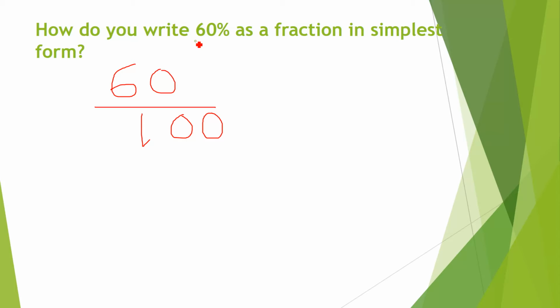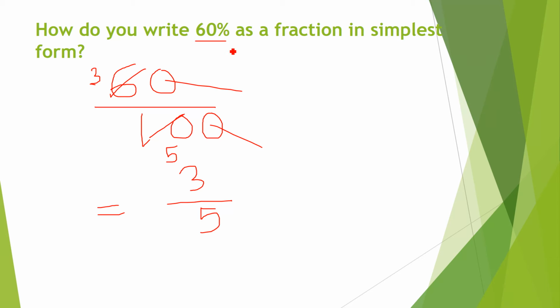So in percentage, you have to write it as a fraction 60 divided by 100. This 0 will cross out this one. 2 3 times 6, 2 5 times 10, which is equal to the fraction 3 over 5. So 60% as a fraction, we can write 3 over 5.